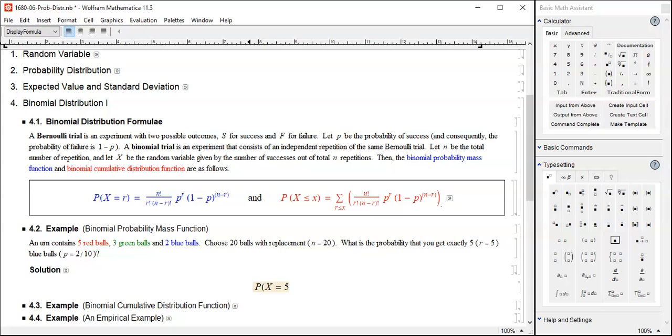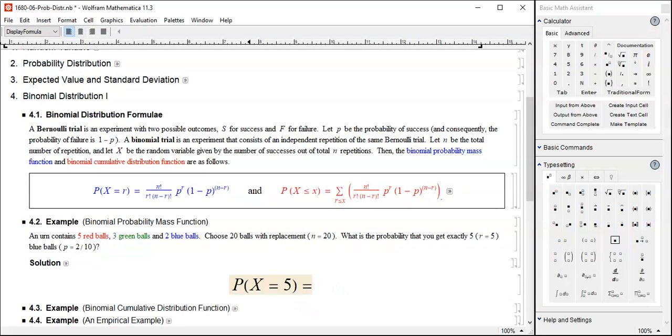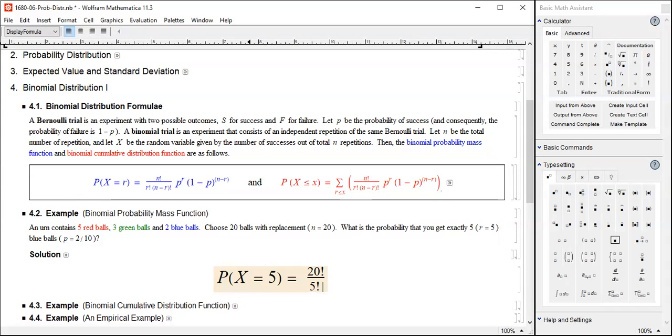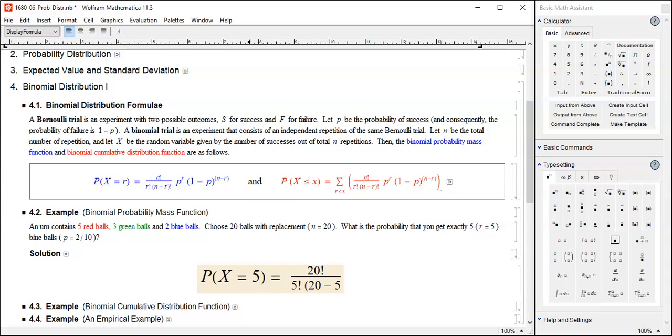Probability of 5 successes, and let me expand the font. Okay, that's good. Total 20 trials. Among them, 5 successes, and consequently 15 failures. So total, success, failure, and then p is the success probability, 2 out of 10, and that takes place 5 times, 5 successes, and the other 15 times I'm going to fail.